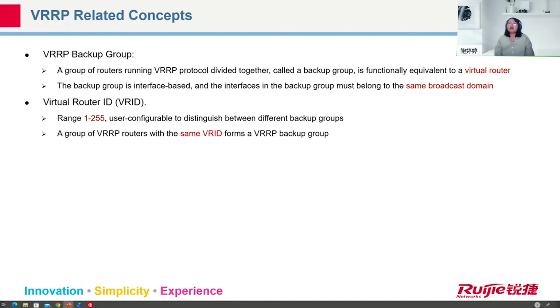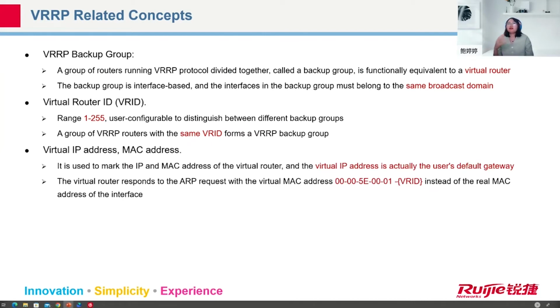Another one is the virtual ID. The range is from 1 to 255. In the same group, when we do the configuration, they must have the same VRID. Another one is the virtual IP and MAC address. Pay attention to this part. The first one: the virtual IP must be configured the same in the same group.